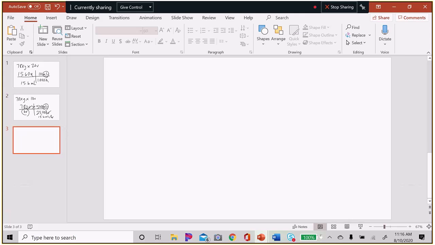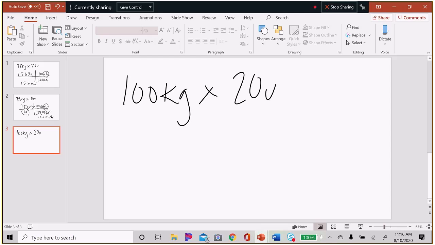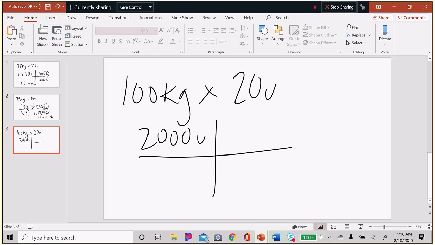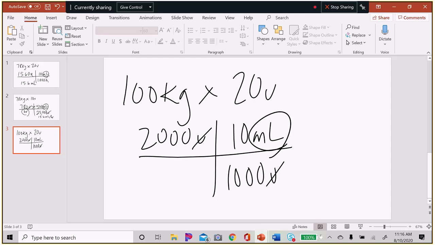So our patient is 100 kilograms, and we're giving a one-time bolus of 20 units. 100 times 20 is 2,000 units, and it's that same vial that had 1,000 units in 10 milliliters. So it's 2,000 times 10, which is 20,000, divided by 1,000 equals 20. So we're going to give 20 milliliters.